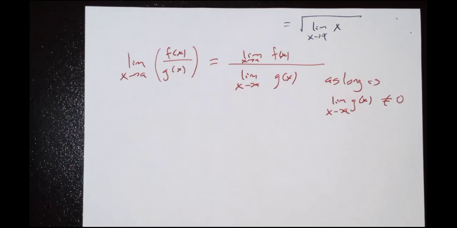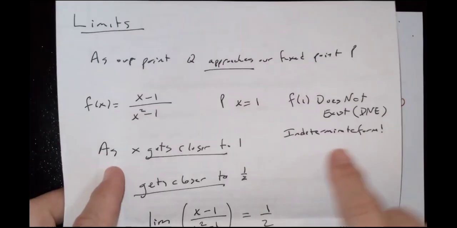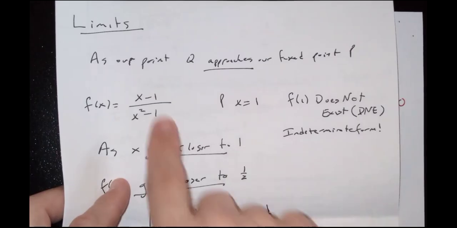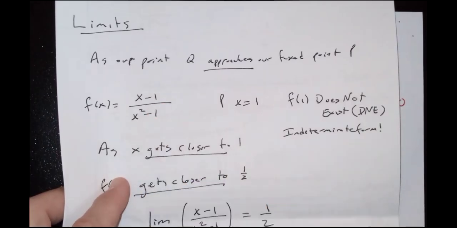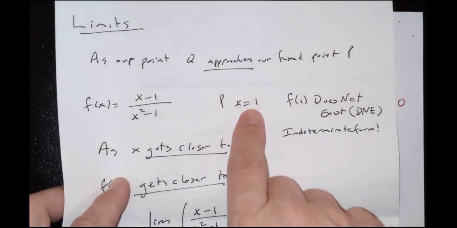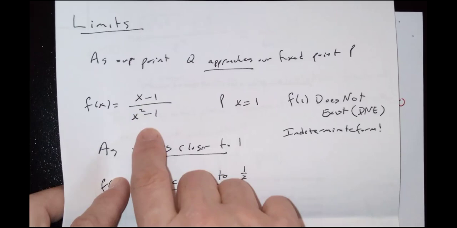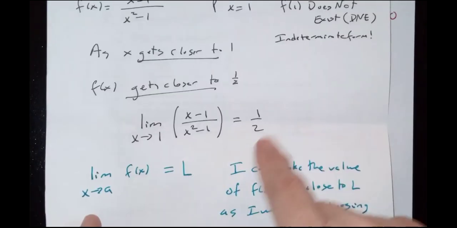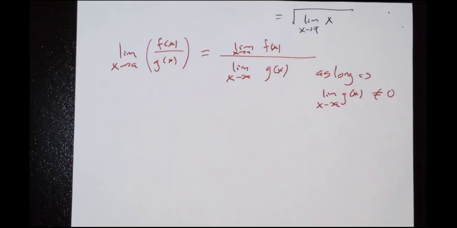When I had a 0 divided by 0, I gave it the name indeterminate form. As a matter of fact, this was the example I had in Friday's notes, because if I just put in 1, I got 0 over 0. So I'm dividing by 0, but because it's a 0 on top, that one actually worked. So there are cases where this can work out.